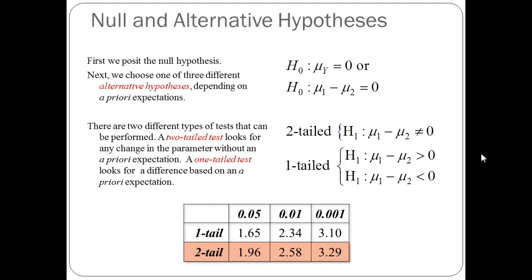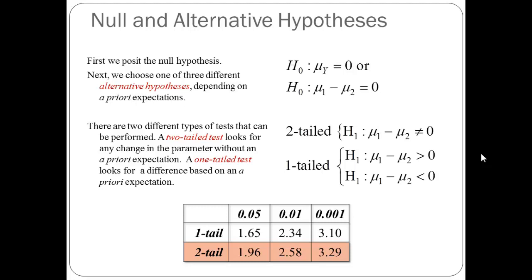If for some reason I had reversed those means, there's nothing wrong with that, such that mu sub 1 was the average income for women and mu sub 2 was the average income for men, then my alternative hypothesis would be mu sub 1 minus mu sub 2 is less than 0. That is, it's negative. The null and the alternative are the two outcomes that we're going to decide between.